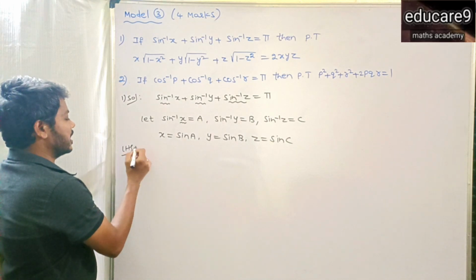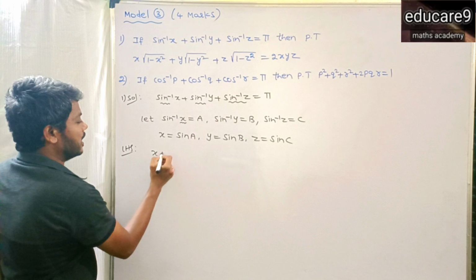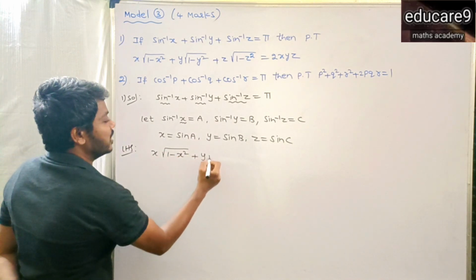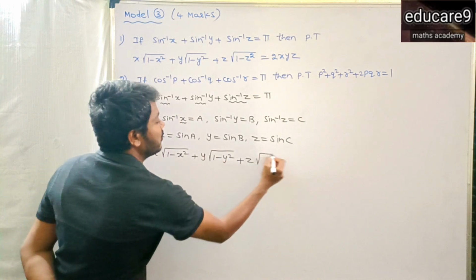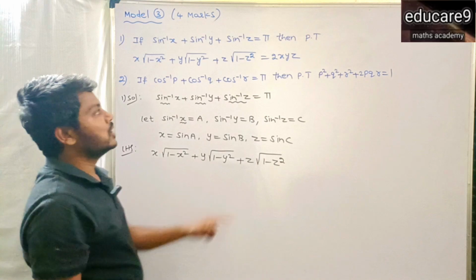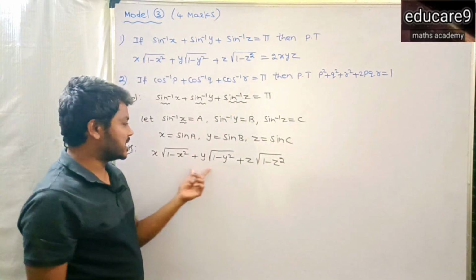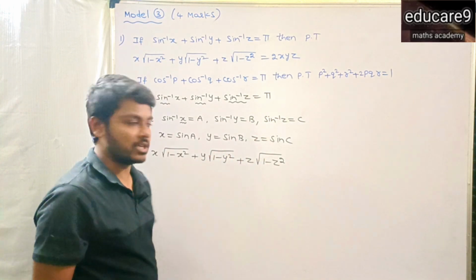Now we can consider the LHS value. What is LHS? x root 1 minus x square plus y root 1 minus y square plus z root 1 minus z square. To prove this value is 2xyz. Since what are the xyz values? Sin A, sin B, sin C. So replace with them.